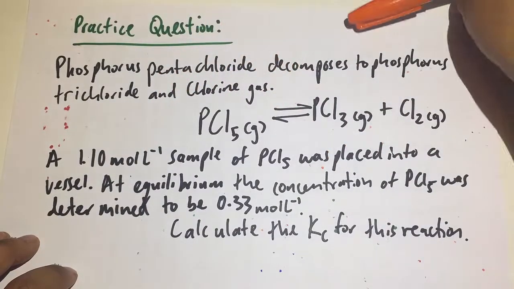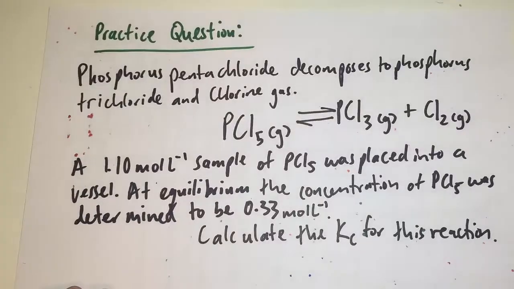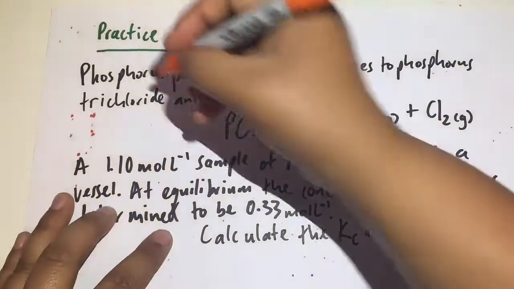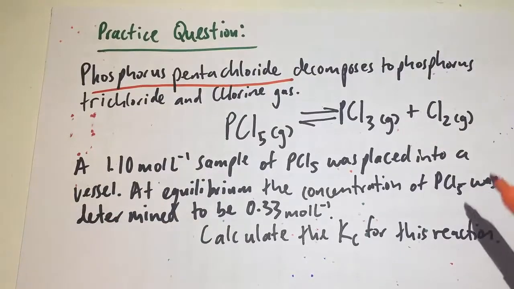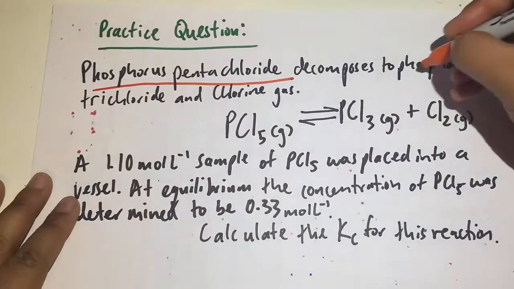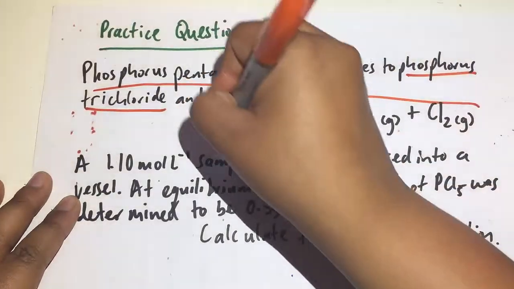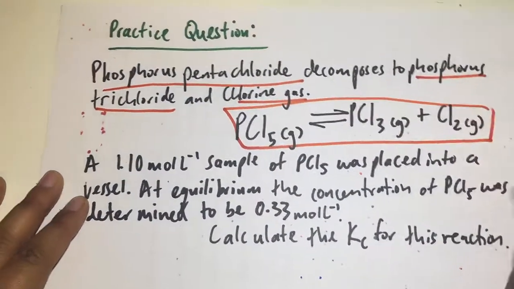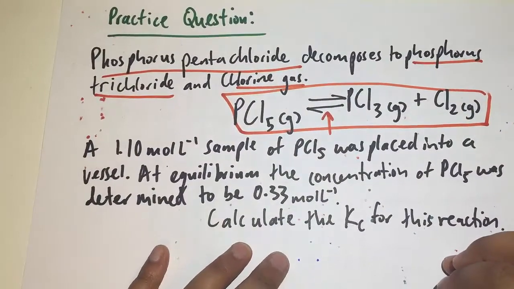I'm going to put this example up, read the question out, and then you have a go. So pause the video, have a go at doing the question, and then I'm going to go through the working out. In this practice question we have phosphorus pentachloride, which decomposes to phosphorus trichloride and chlorine gas via this reaction here. It is a reversible reaction as indicated by our reversible arrow.